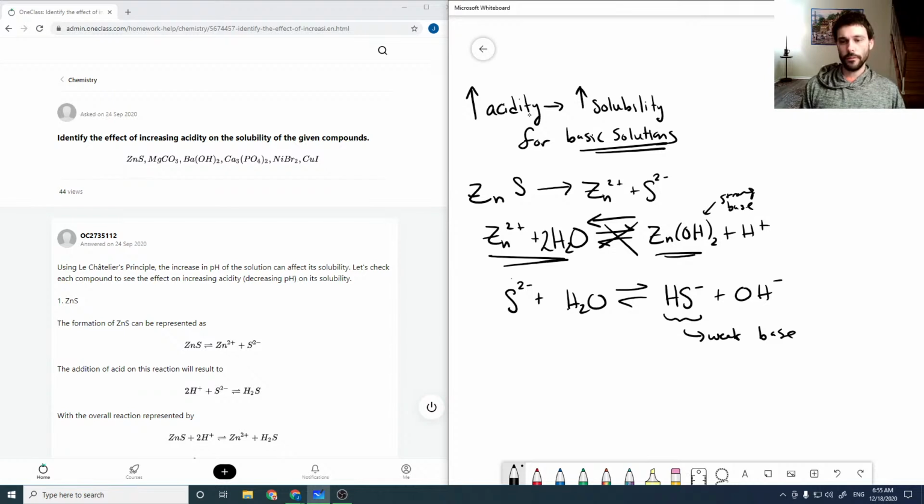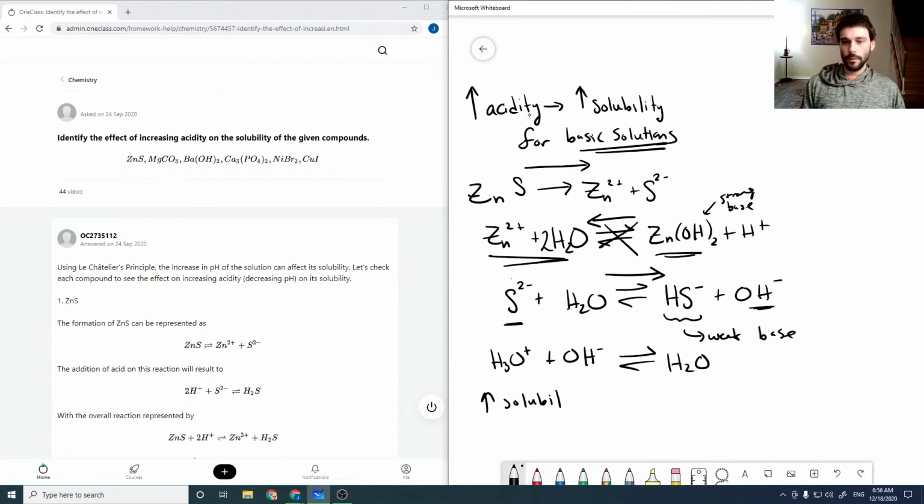If we add H3O plus ions, they will combine with our OH minus to give us water, eating up our OH minus and shifting the solution more to this side, which will in the end shift more to this side because we're eating up our S 2 minus. And so this will increase the solubility. So we get increased solubility with increased acidity for a solution that's weakly basic, because this is a basic salt.